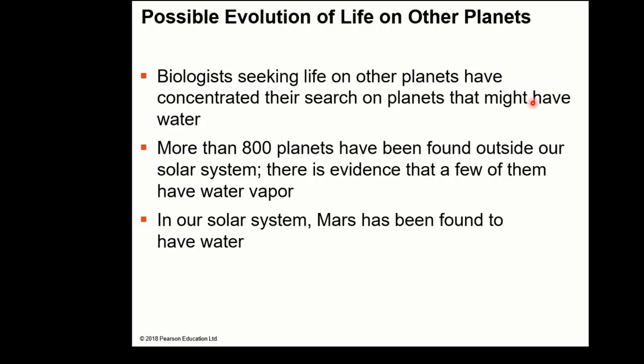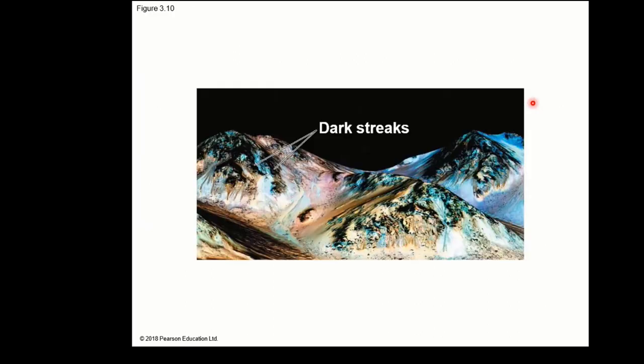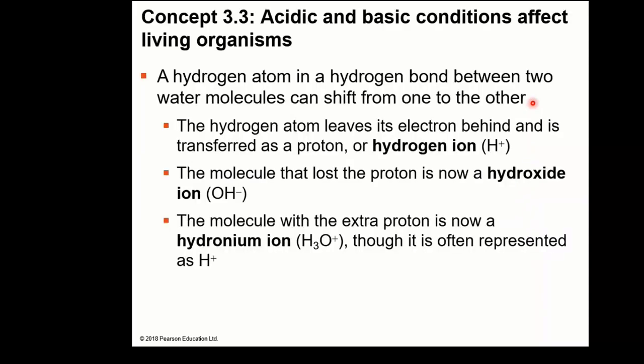In our solar system, Mars has been found to have water, and more than 800 planets have been found outside of our solar system. You don't need to worry about this, but what your lecturer is trying to show you is that water is very significant, and you need to familiarize yourself with it. Before I proceed, any questions so far?